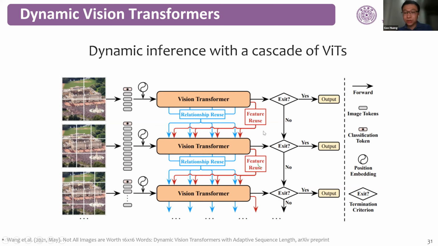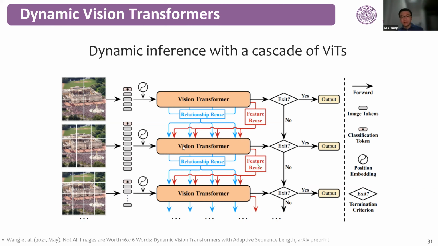And then the feature reuse module, I think this part is relatively easy to understand, because we can reuse some of the features we have learned so far in an earlier model, and use them to facilitate the learning process in a later model.